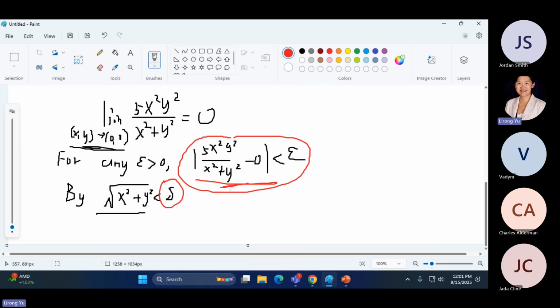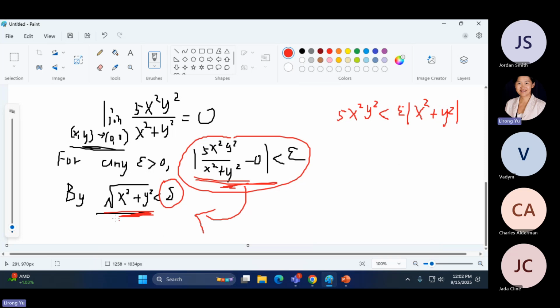This is our leading logic. The process is that you want to prove this, then you have to get this, and then go from here to here. That's the process of trying to find the appropriate delta. Algebraically, this looks like 5x squared y squared less than epsilon times x squared plus y squared.